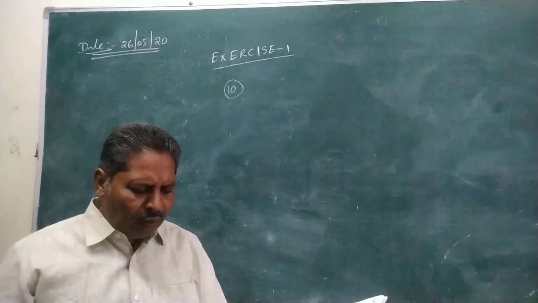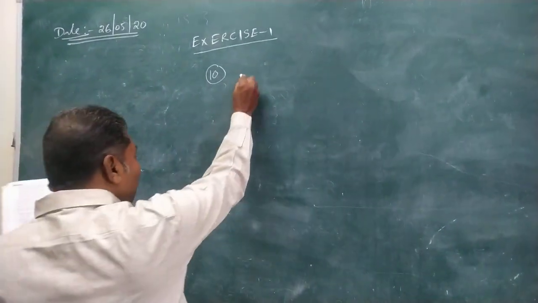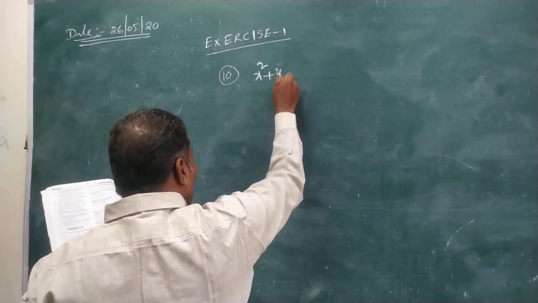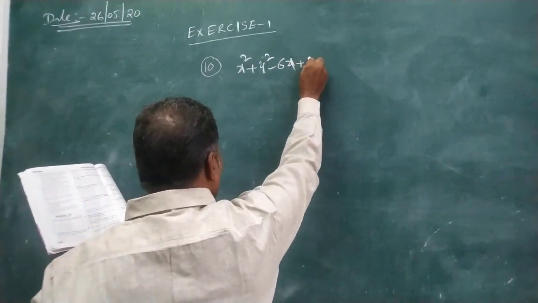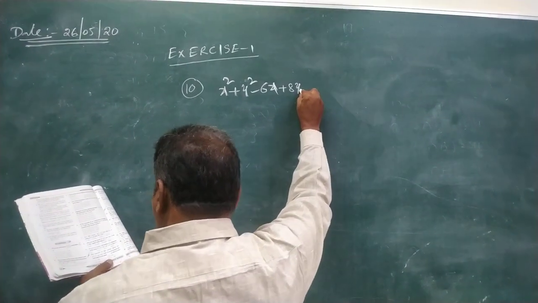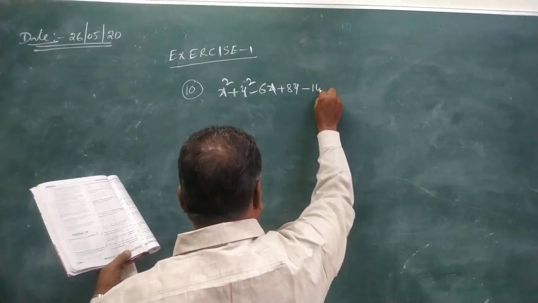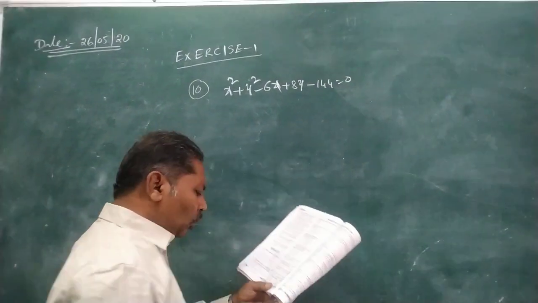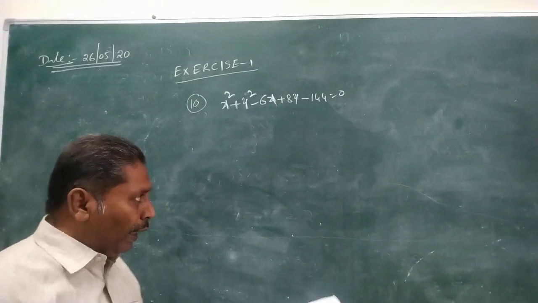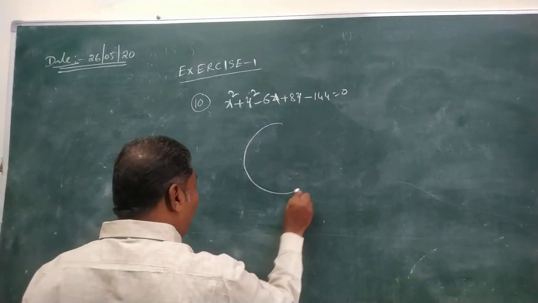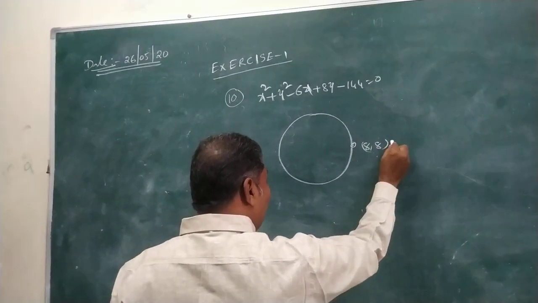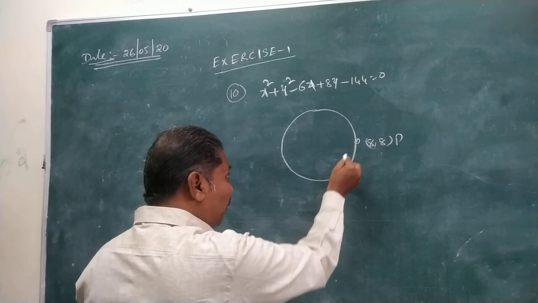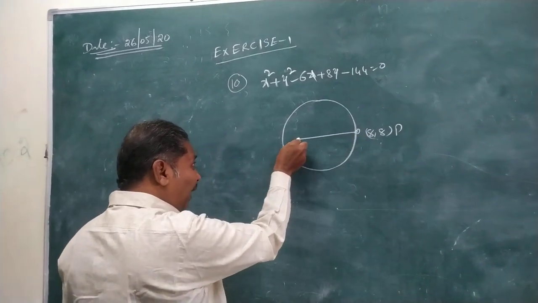...to the circle given by x square plus y square minus 6x plus 8y minus 144 equal to 0. The normal at 8 comma 8 meets the circle again.